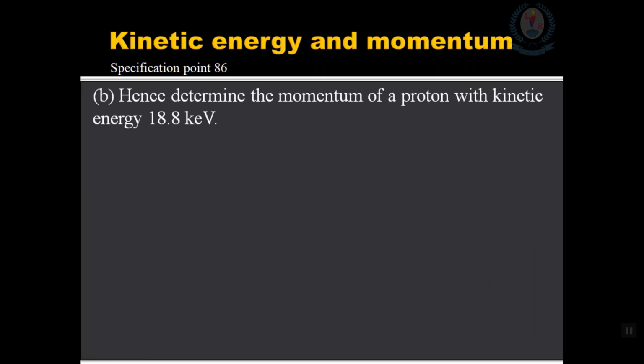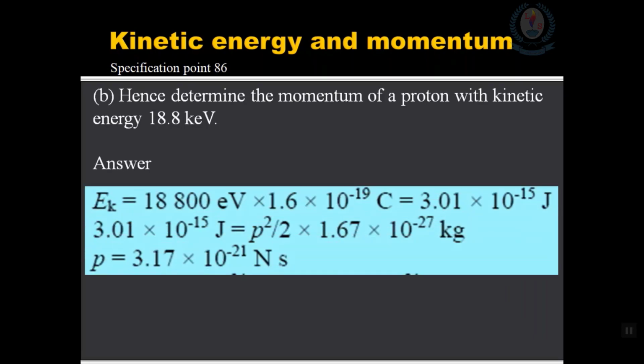Right. Hence determine the momentum of a proton with kinetic energy 18.8 kilo electron volts. Okay, so we'll see this one. Now they are asking the momentum. They have given us the kinetic energy. But they did a tricky thing. They have not given us the kinetic energy in joules.